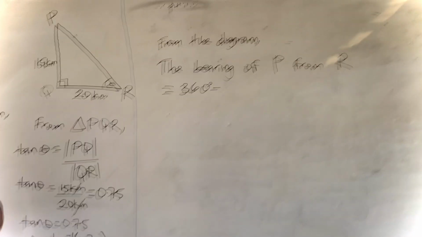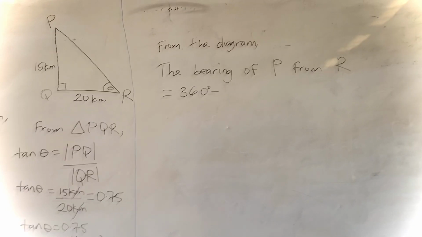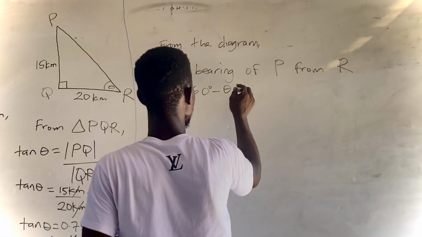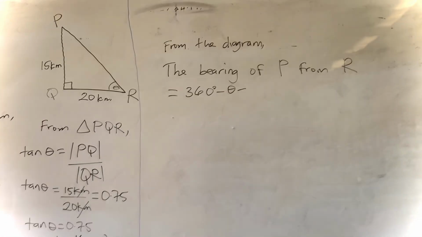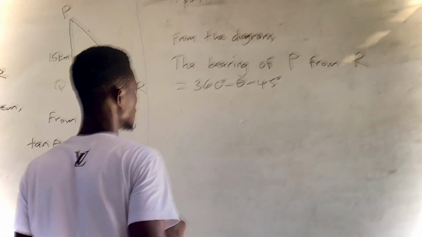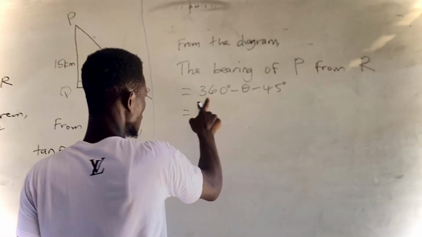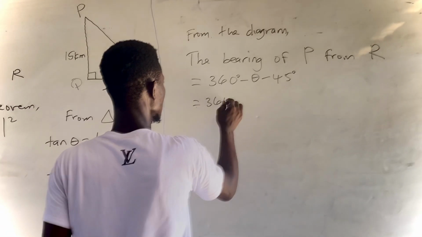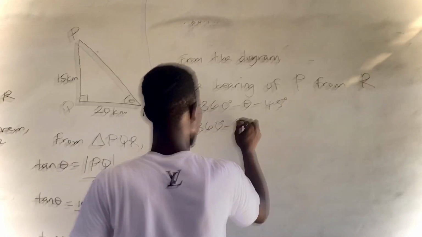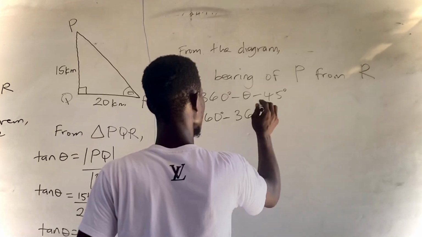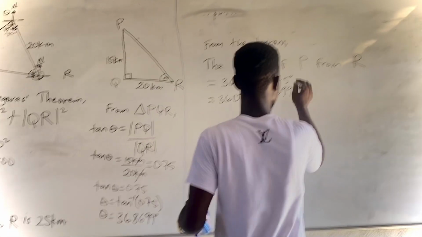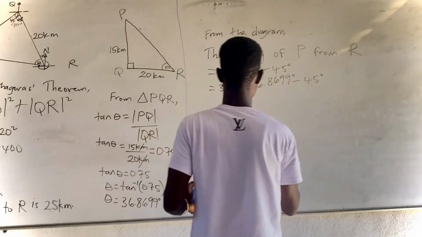As you can see, when it reaches the end, it will be 360 minus this theta, minus this 45 degrees. So this will be 360 minus theta, which was calculated to be 36.8699 degrees, minus 45 degrees.